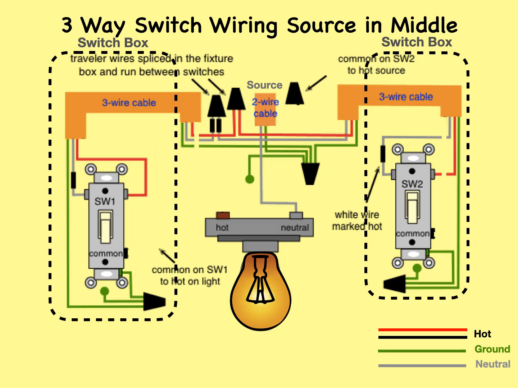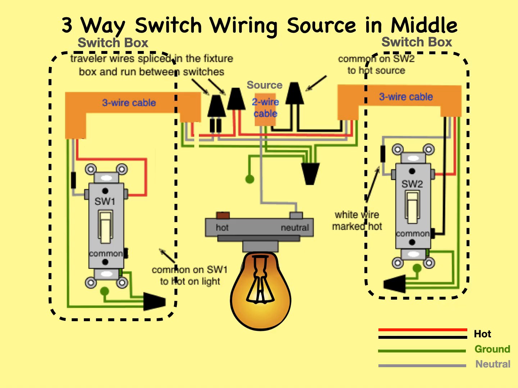In this arrangement, the source for the circuit is at the light fixture, which is located in the middle of the circuit. Three-wire cable runs to the switches on each side of the light. At the light, the hot source wire is spliced to the black wire running to the common terminal on switch number 2.